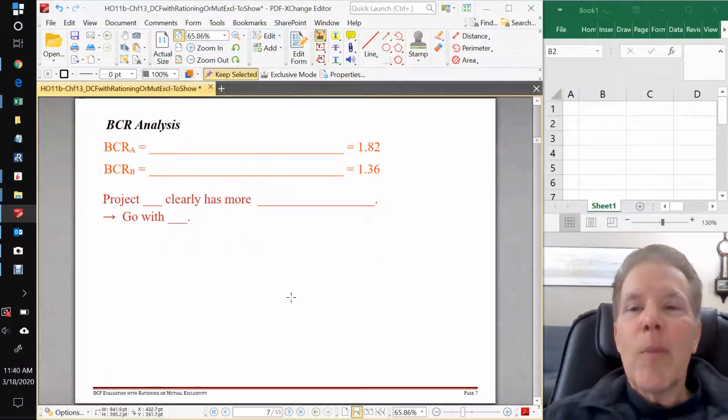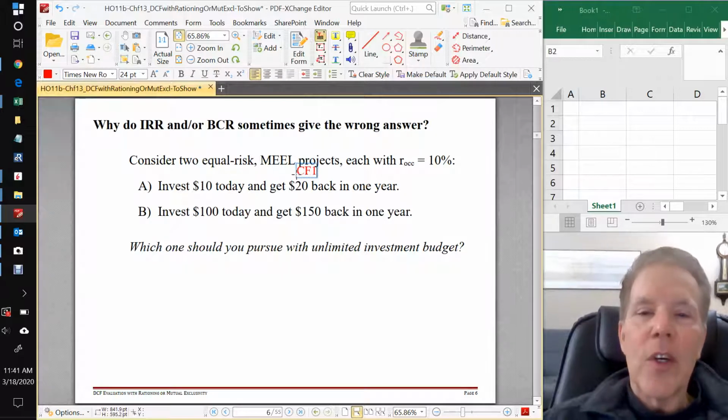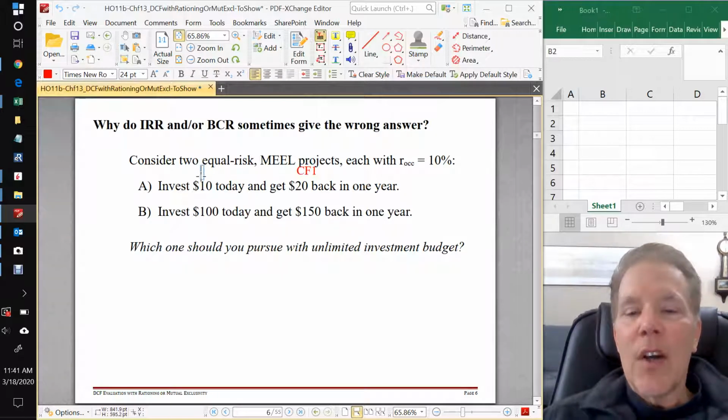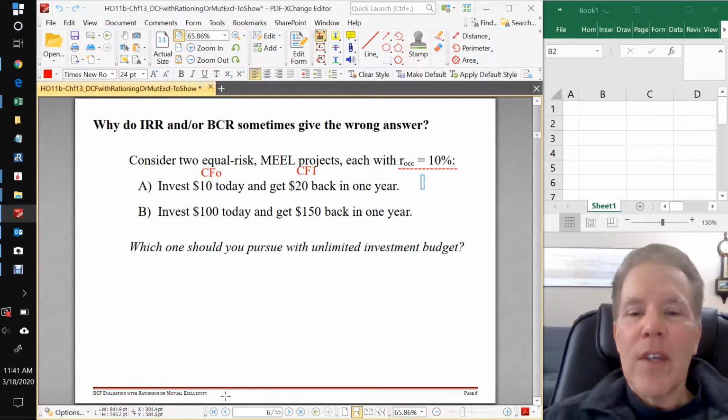So let's think about this a little bit. If we do a BCR analysis of A, we've got this cash flow. This would be our CF1, and this would be our CF0, and then we're going to discount CF1 by 10%, right?